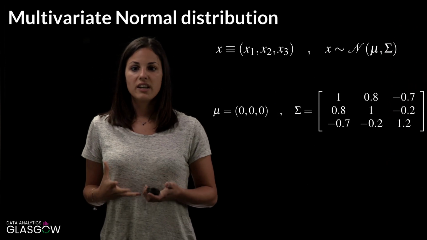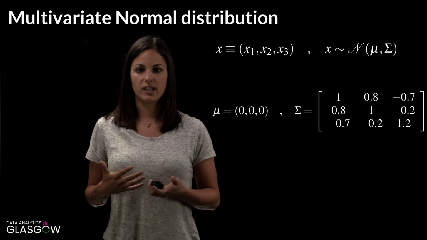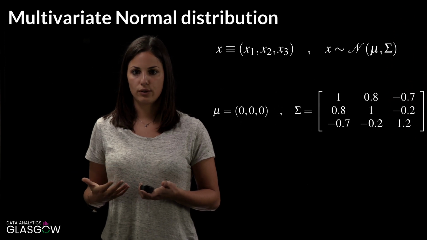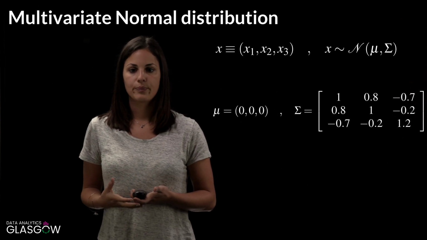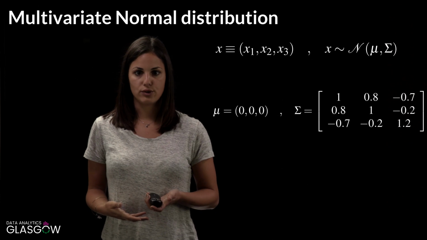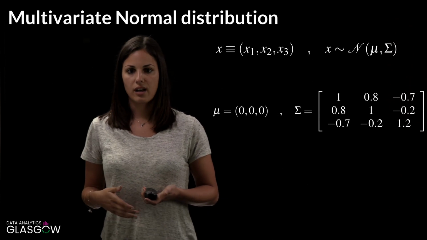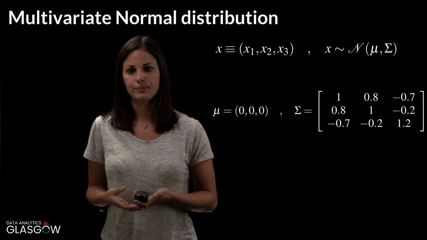We can imagine that things can be a bit tricky when it comes to plotting the joint distribution of vector x, as we now work in 3 dimensions, and as dimensions increase it becomes more and more difficult.